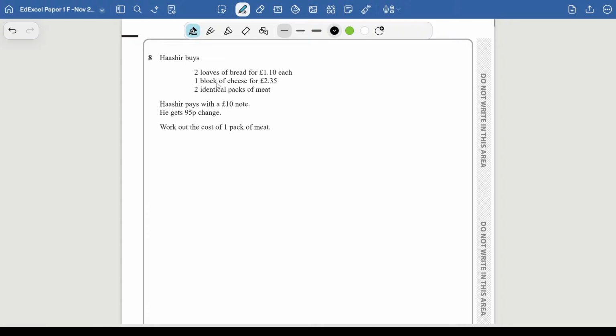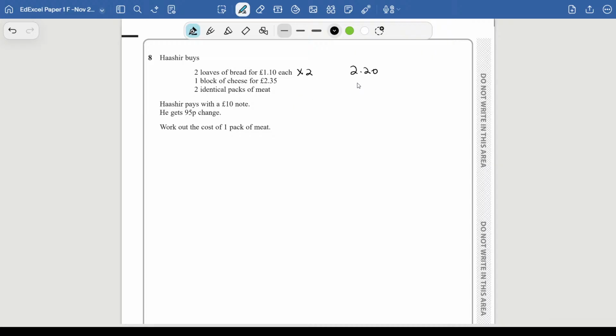Harsher buys 2 loaves of bread for 1.10 pounds each, 1 block of cheese for 2.35 pounds, and 2 identical packs of meat. Harsher pays with a 10-pound note. He gets 95p change. Work out the cost of 1 pack of meat. So 2 loaves of bread for 1.10 each. For 2 it will be 2.20.